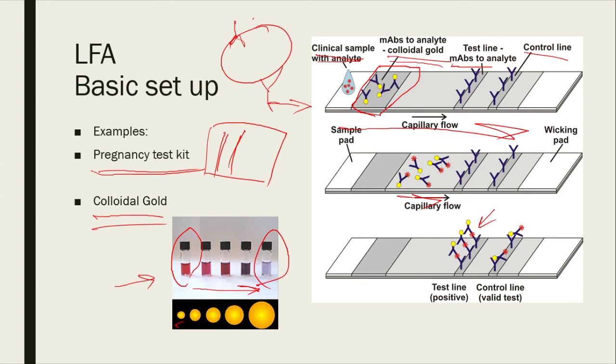And the excess that are not binding would be captured on the second line, a control line, showing you this is a valid test.